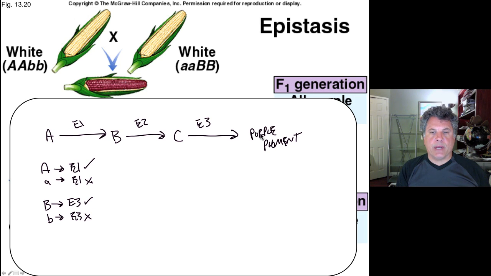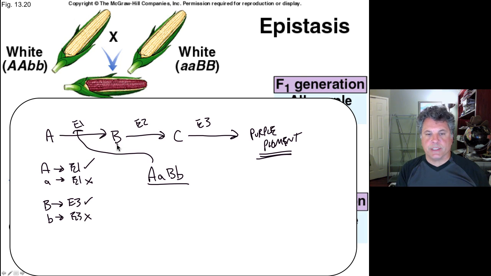Well, we can immediately see what happens to this biochemical pathway, which is aimed at producing purple pigment, when we consider what the genotypes would result in. So if we are, say, big A, little a, big B, little b, that is a dihybrid, well, the big A allele is producing functional enzyme 1. And even though the little a allele is not producing functional enzyme 1, we have enough enzyme 1 around produced by the big A allele such that this step in the biochemical pathway proceeds with some efficiency.